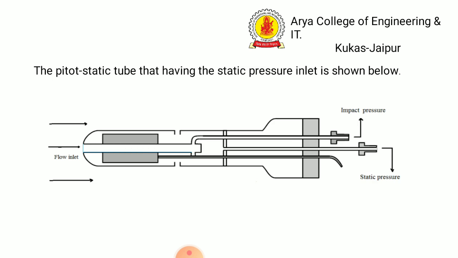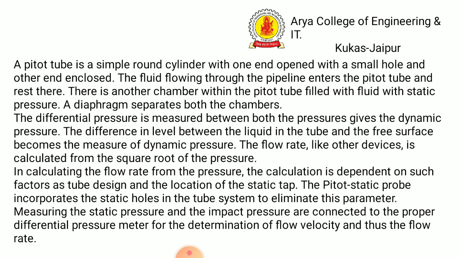Now the Pitot static tube, which has the static pressure inlet, is shown in the figures below. In this figure, the fluid flow takes in at the inlet junction, and the outlet is the impact pressure or static pressure. A Pitot tube is a simple round cylinder with one end open with a small hole and the other end closed.